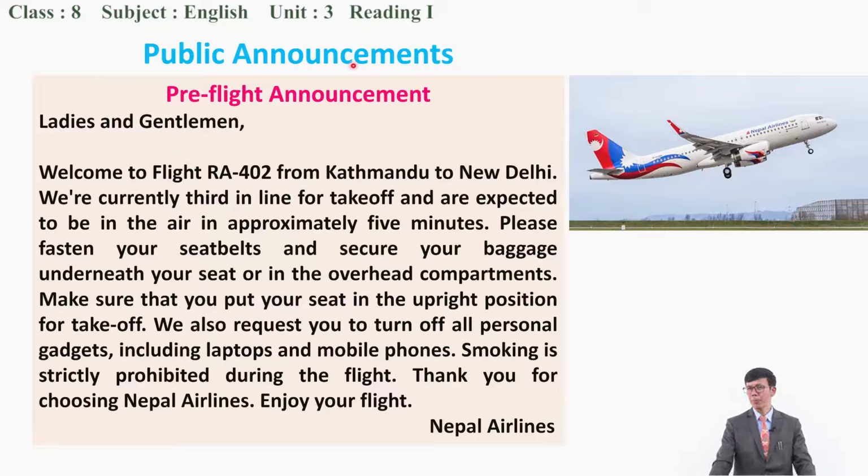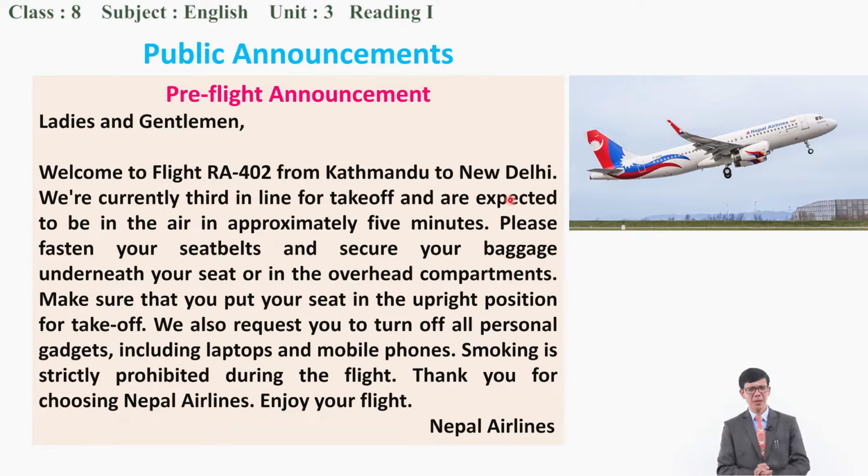You can see public announcements. What is the first announcement about? Very good. It's all about a pre-flight announcement. Ladies and gentlemen, welcome to flight RA402 from Kathmandu to New Delhi. Where is this flight taking place?